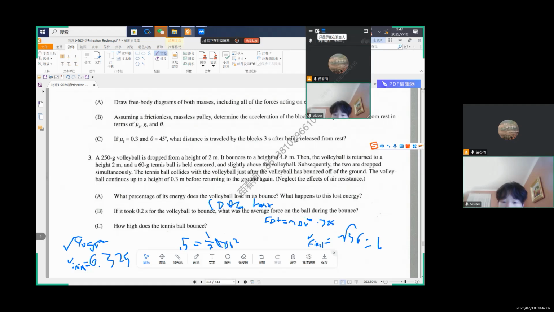Divide that by 0.2, multiply that by m. 0.325 divided by 0.2 seconds, multiplied by 0.25.